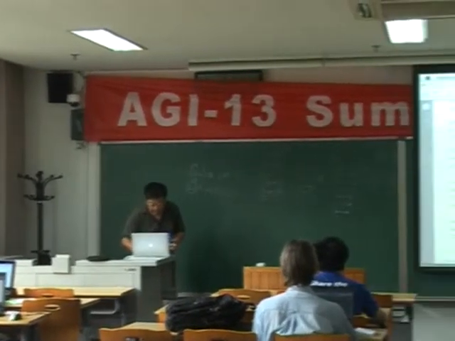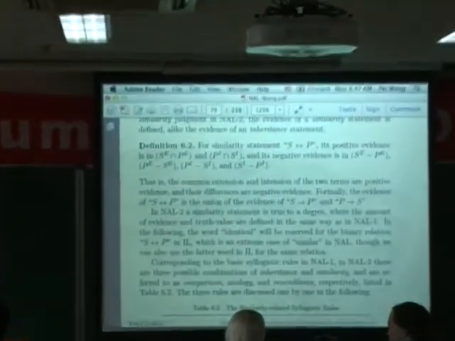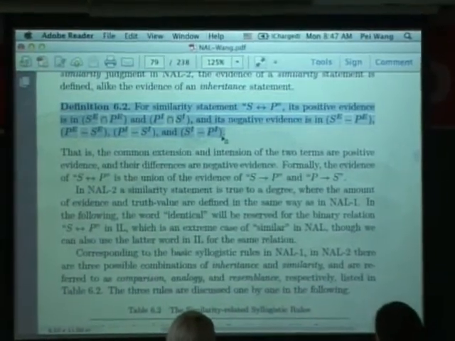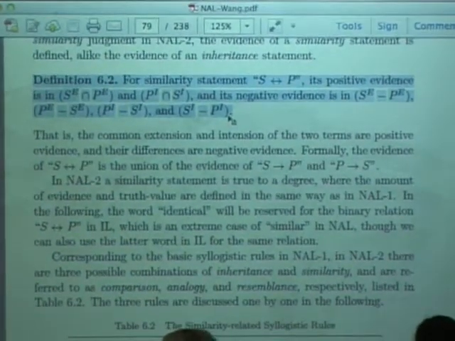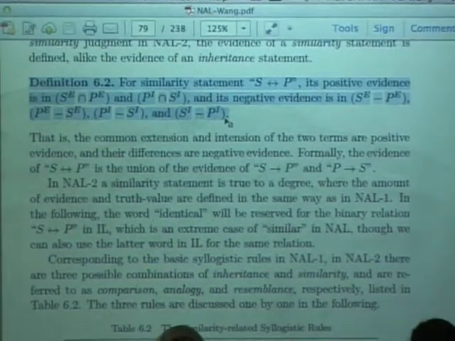So, we are going to start the discussion by, instead of talking about how the evidence transforms from one to the other, first defining what the evidence for this one is by itself.